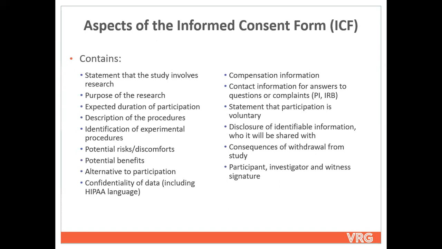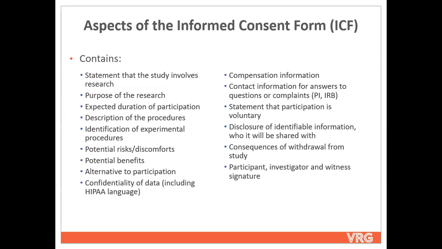And just like with the protocol, we have typical aspects of the informed consent form, such as the statement that the study involves research, the purpose of the research, which basically is the background, right? Expected duration of participation, a description of the procedures that will take place, identification of experimental procedures.